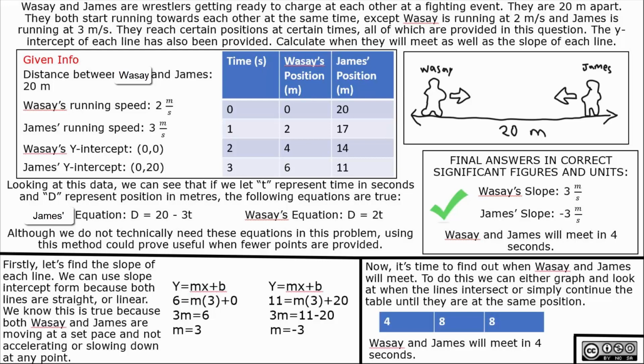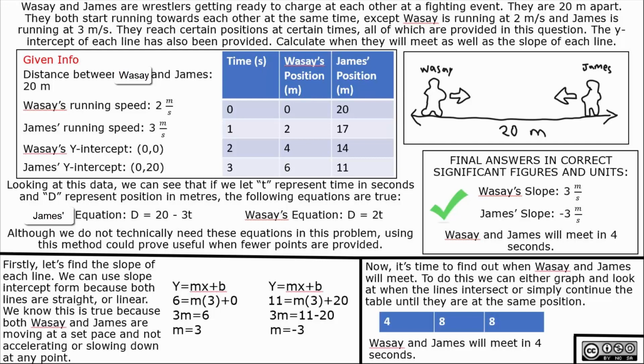Now, looking at this data, we can see that if we let t represent time in seconds and d represent position in meters, the following equations are true. James's equation would be d equals 20 minus 3t, and Wasay's equation would be d equals 2t.